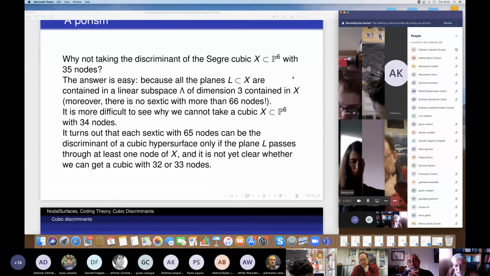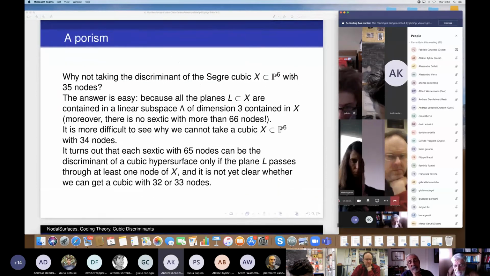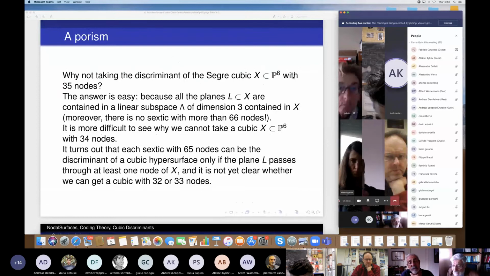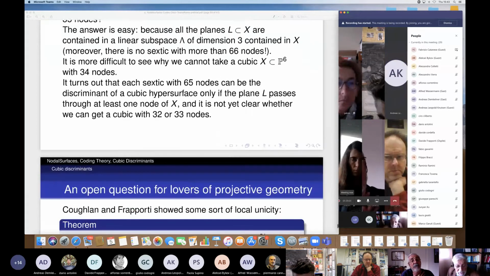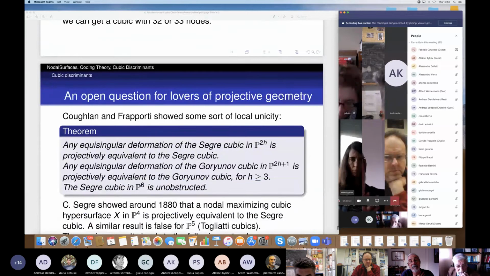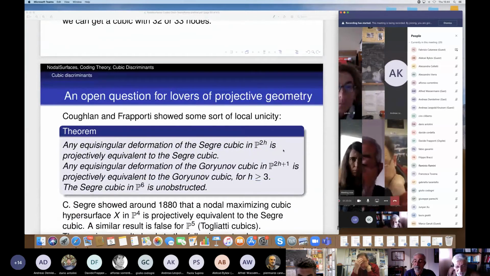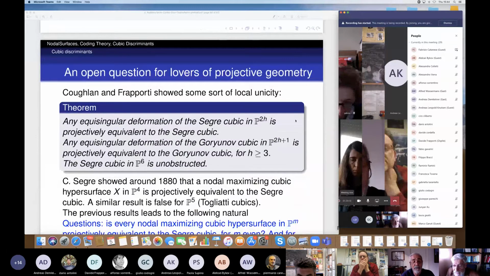But it really requires a lot of experimenting, also computer experiments. These results of Kaplan and Fraporti, a part is done with representation theory, but the unobstructedness was really first done with the computer. So we are still working on the study of these linear subspaces.